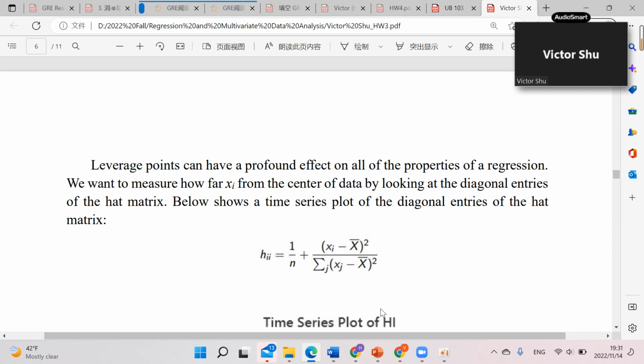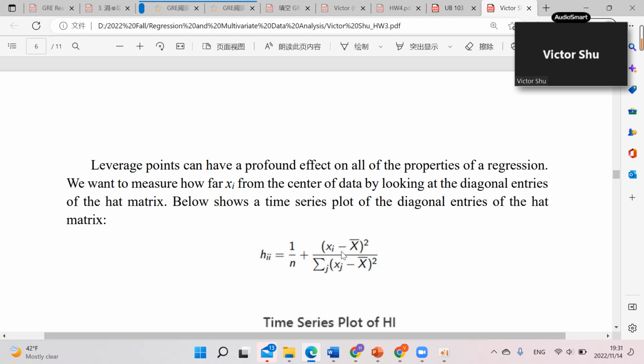Basically, leverage points are observations which have an unusual x value, a very huge x value or small x value, and here the x is a collective x, right? Because I have several predictors. It's a multiple linear regression model. If, for example, all of my predictors are very, very large, then it is very likely to be a leverage point.